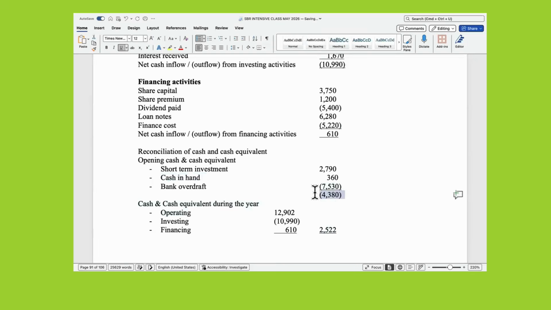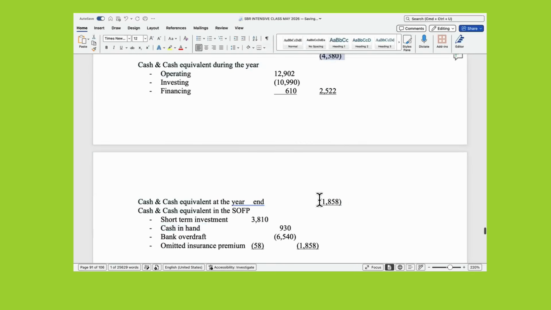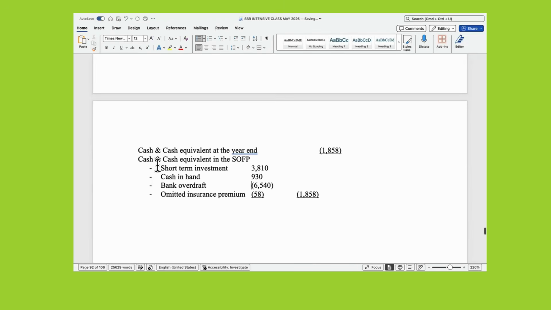When you cumulate these two together, you get 1858, which is the cash and cash equivalent at the year end, which must exactly be the same as your closing cash and cash equivalent in your statement of financial position, which I analyzed there.